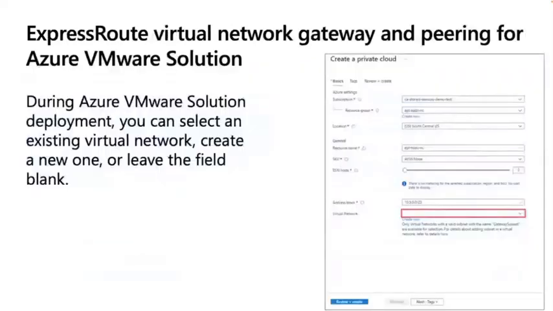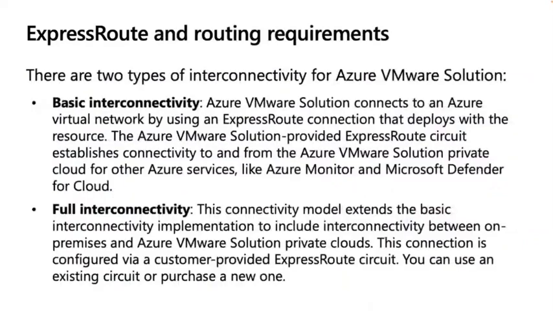Okay. And then here's a good slide just showing how to peer your gateway. When you deploy AVS, you get an ExpressRoute, and if you put in a virtual network, it sets up an ExpressRoute for you. There are 2 types of interconnectivity for AVS. The basic is where you have AVS and your ExpressRoute connection, but maybe on-prem you don't. So you just connect with basic connectivity.